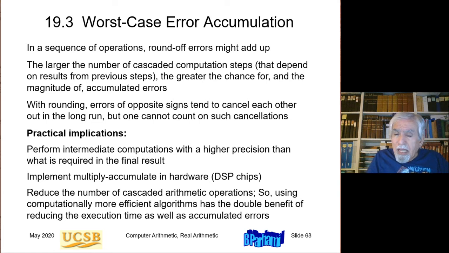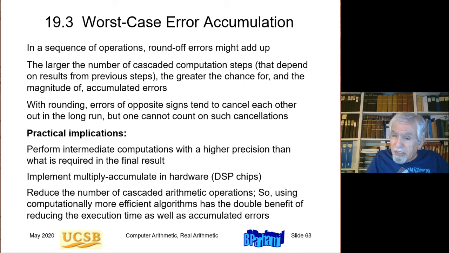Okay, now other than errors in individual floating point operations, we have the danger of error accumulation. This means that if you do a long sequence of computations, each one introducing a small error, then those errors in the worst case accumulate. Of course, remember I said that errors can be in the positive or negative direction.